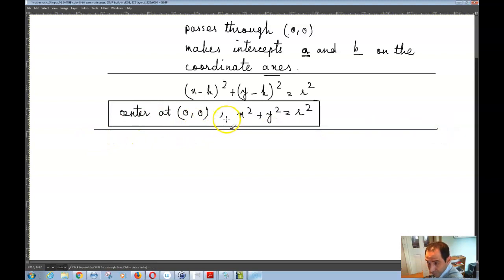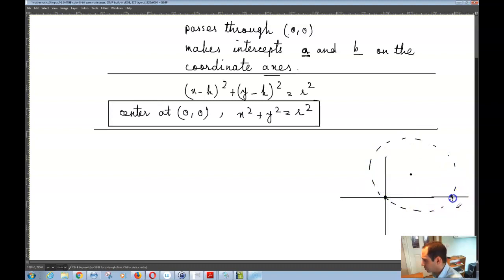Now suppose that you have a circle that passes through 0, 0, and makes intercepts A and B on the coordinate axis. Meaning, for example, your circle has its center over here, and then it makes these intercepts on the coordinate axis, over here and over here.